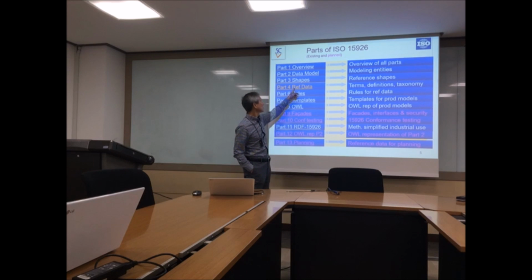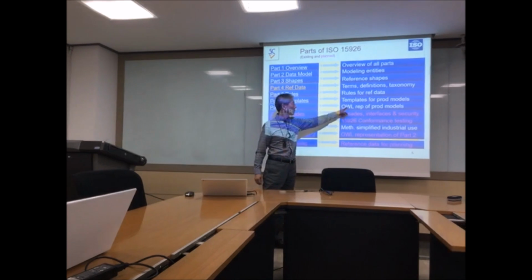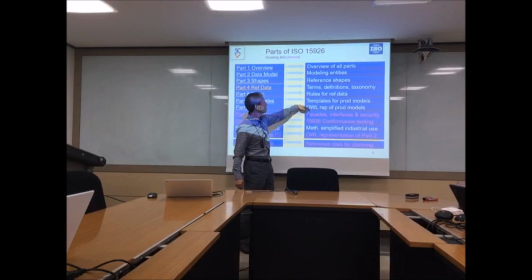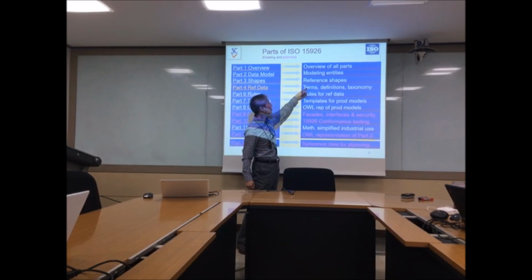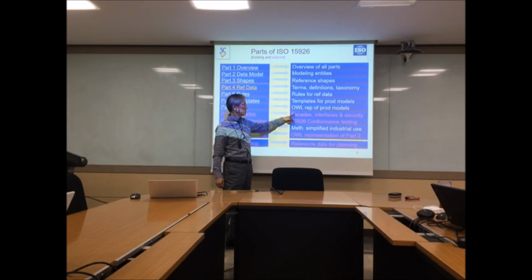This is reference data and templates for product models, ontology, web ontology language, representation of product model. Product model means this taxonomy, and facade, interface and security, and conformance testing too, and simplify the industrial usage of this methodology.